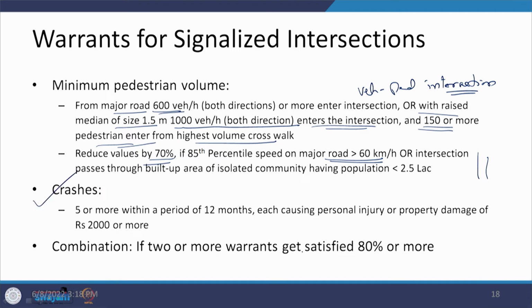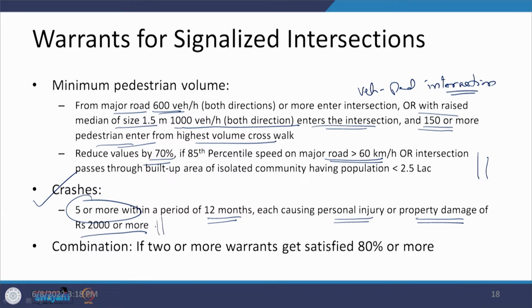Another thing is related to crashes, and here the history is looked at for 12 months. It says that if there are 5 or more within 12 months which cause personal injury or property damage of rupees 2000 and more, then that location requires a signalized intersection.